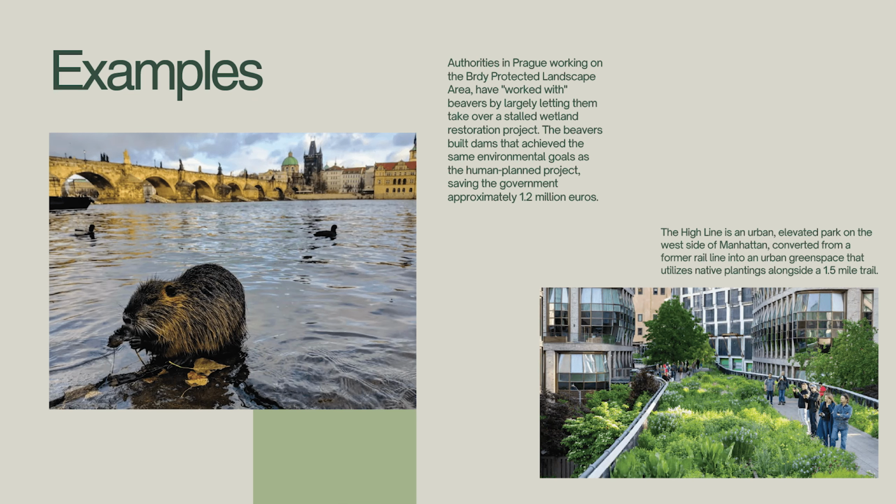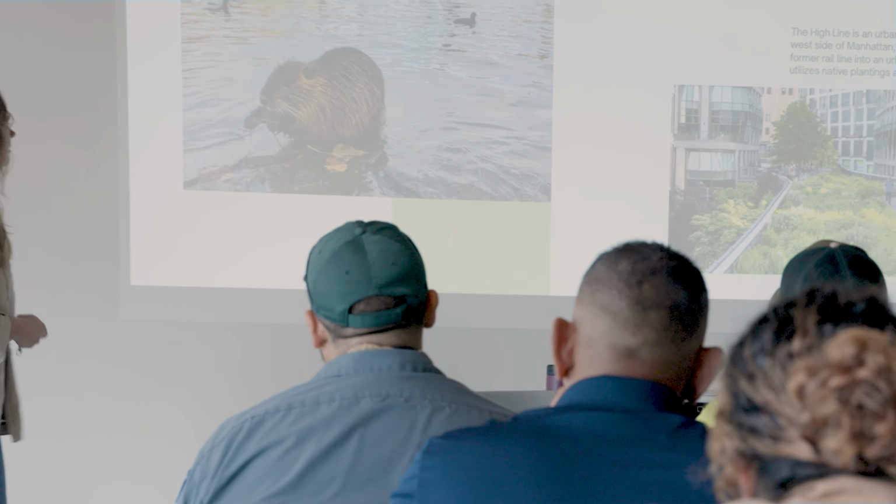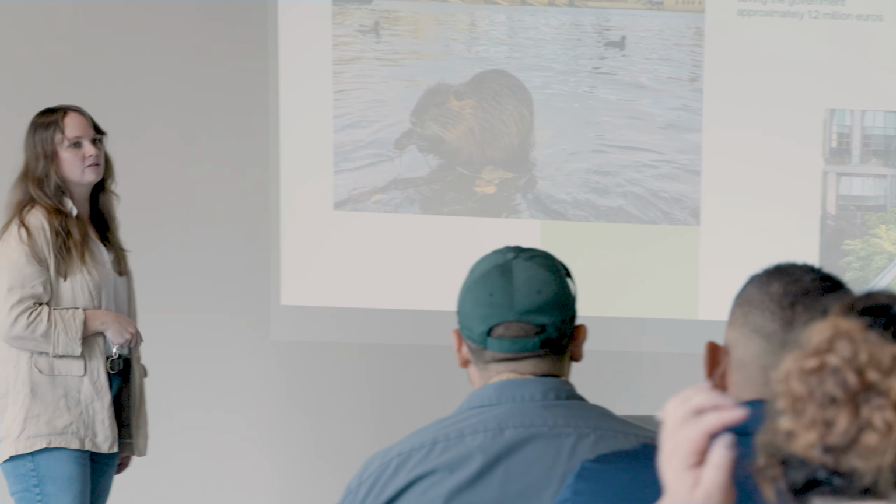So humans are doing what humans do, working through all that red tape of figuring out budgets and contracts and yada, yada, yada, and that's taking years. In the meantime, this guy came in with his family, and he ended up building dams that reconstructed the entire waterway of this area and fixed all the drainage issues in the year and a half that the humans were arguing about this, and saved the city about 1.2 million euros, which is almost $2 million.